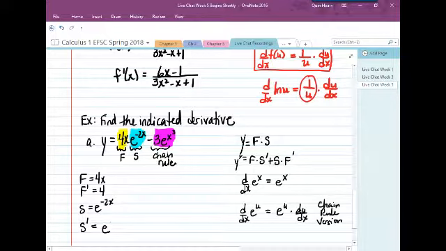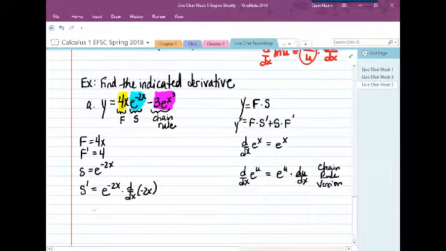Derivative of e to a power is just e to that power times the derivative with respect to x of whatever that was. So that would be the derivative of negative 2x, which is just negative 2. So this derivative of this second function is negative 2e to the negative 2x.